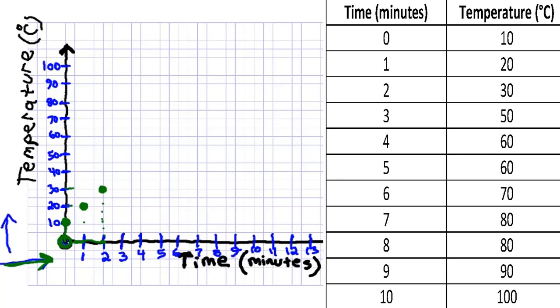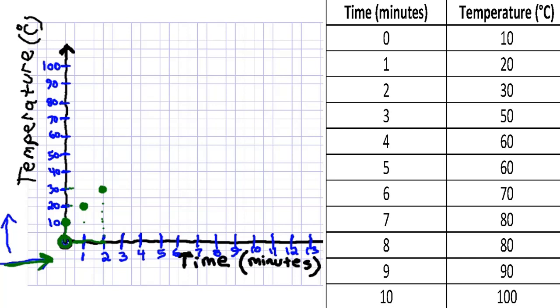So now let's go back to our values table, and our next value is 3 minutes, and at 3 minutes, what's the amount? The amount is 50 degrees Celsius. So at 3 minutes, we have 50 degrees Celsius.